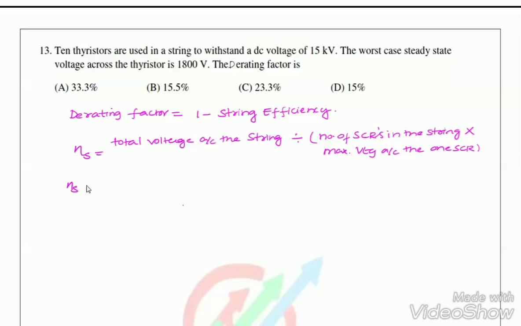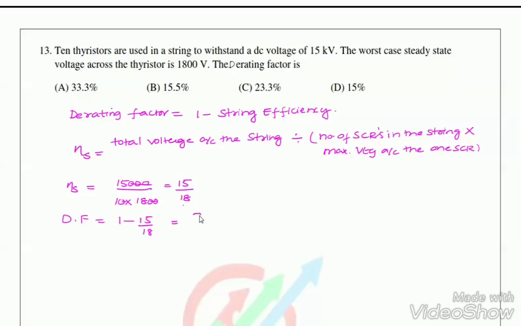So string efficiency is equal to the total voltage, 15,000, divided by how many SCRs? 10 SCRs into each voltage is 1800. So 3 zeros cancel, and it is nothing but 15 by 18. Now the derating factor is equal to 1 minus 15 by 18.